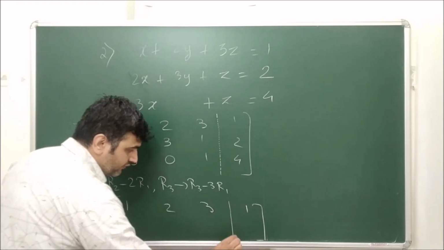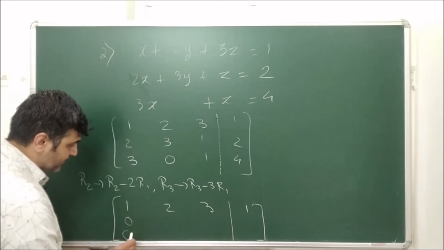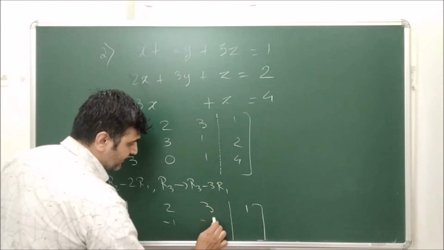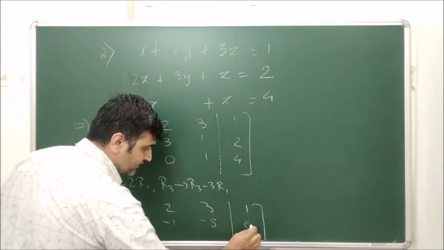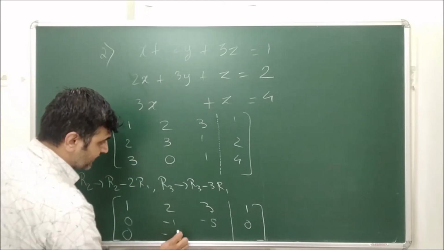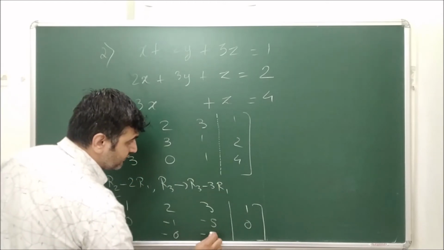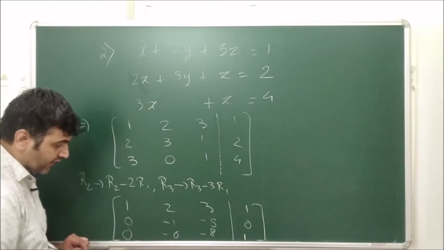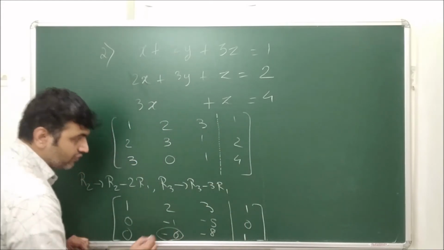So my first row will remain as it is. This will be 0, 0. 3 minus 4 is minus 1, 1 minus 6 is minus 5, 2 minus 2 is 0. Then here you have 0, 1 minus 9 is minus 8, 4 minus 3 is 1. Now you make this entry as 0. So what will you do?